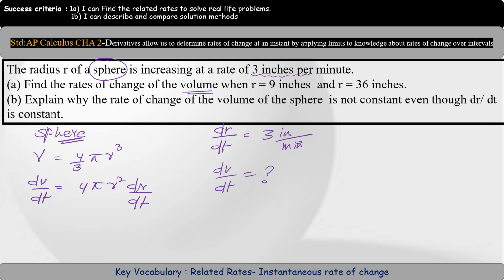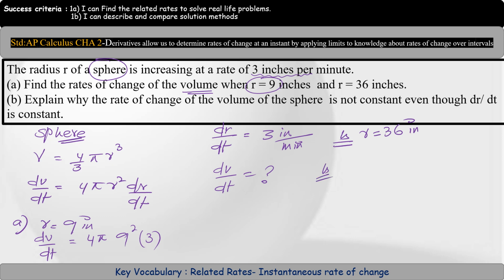Now one time you have to find it when r equals 9 inches, and one time you have to find the same rate of change of volume when r equals 36 inches. So let's try to solve the first one. You will write here dV by dt equals 4 pi, r squared means 9 squared, and dr by dt is given as 3.